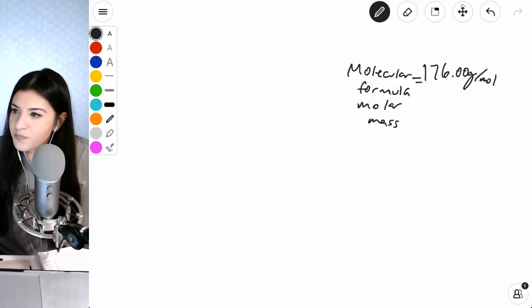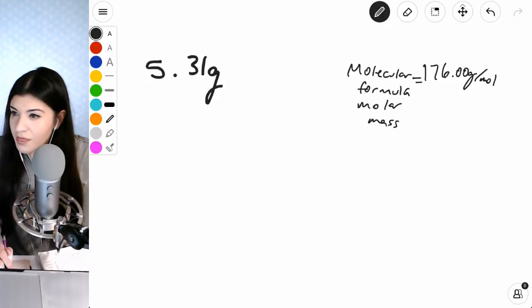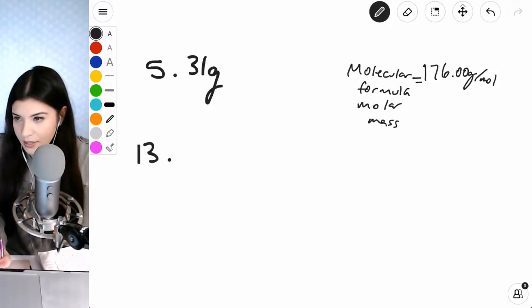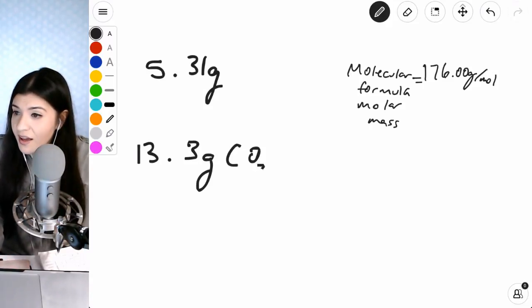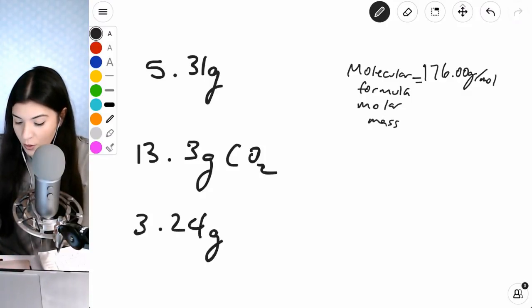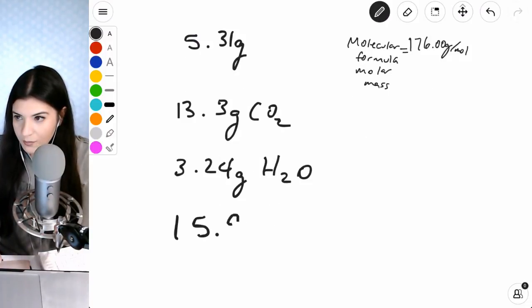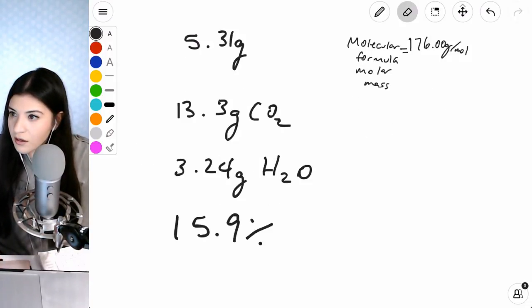Let's see what else we have with this. They also give us combustion of 5.31 grams. A sample was analyzed and it was found to contain 13.3 grams of carbon dioxide and 3.24 grams of H2O, water, and then 15.9%, actually.